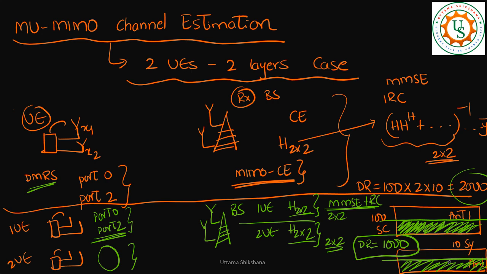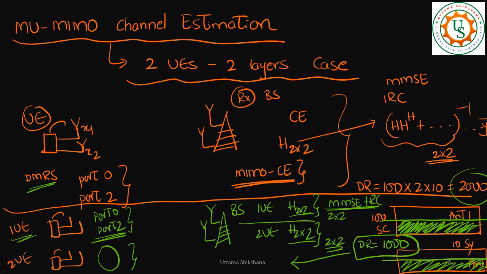But what about the multi-user MIMO concept? In this case, our goal is that we need to ensure we get a better data rate. See here, the data rate for the single UV has decreased, right?